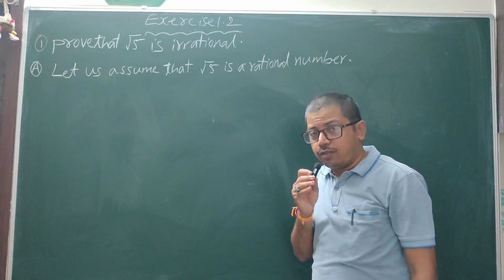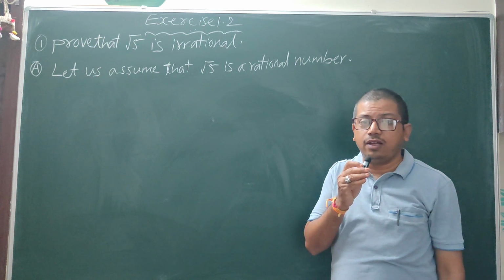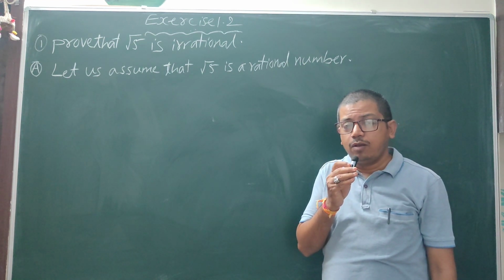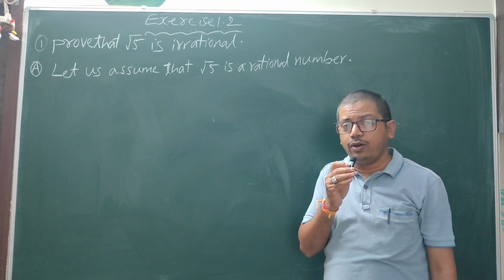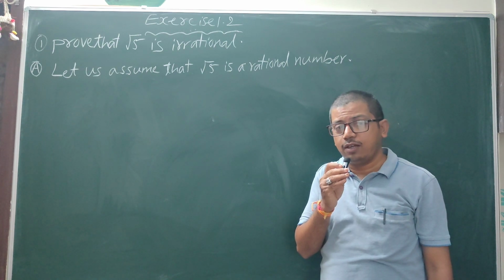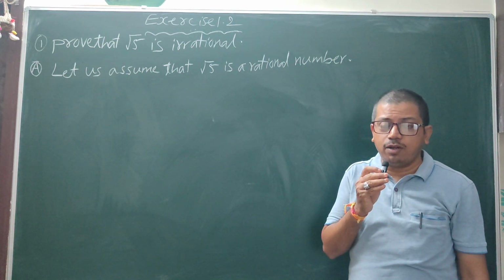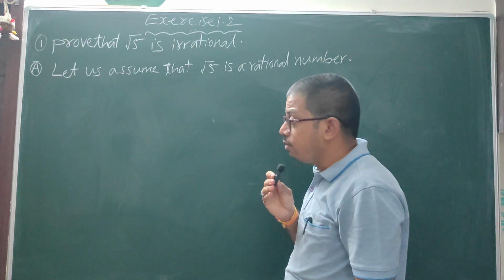If you observe theorem 1.3, the proof that root 2 is irrational, we have a lot of steps, but in order to avoid some confusion, I want to write some specific steps. Of course, they will also fetch full marks in the examination. So I am starting.